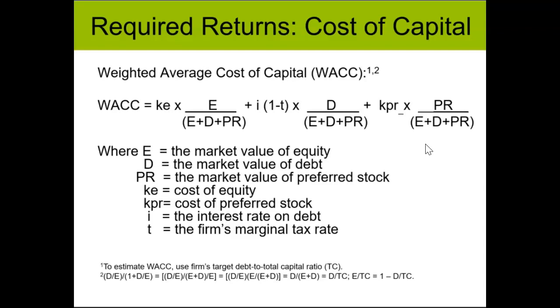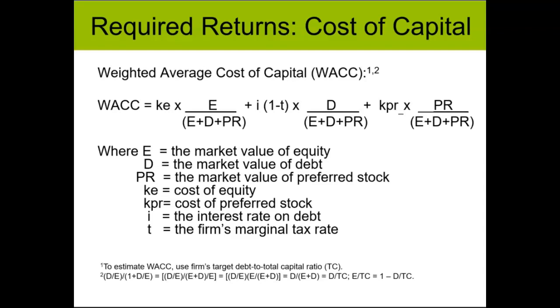So usually what happens is WACC estimates are subject to circular reasoning, in that it is assumed that to estimate firm value we must know WACC, and to estimate WACC we must know the market value of equity, debt and preferred stock.